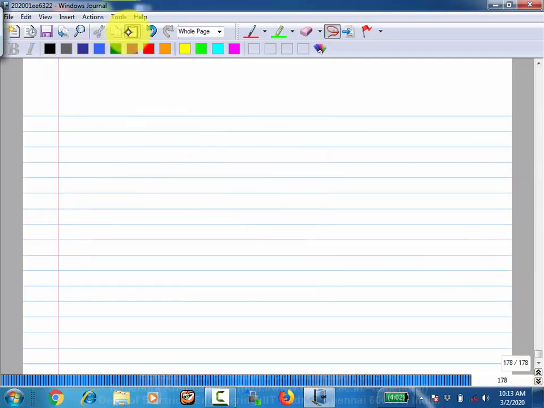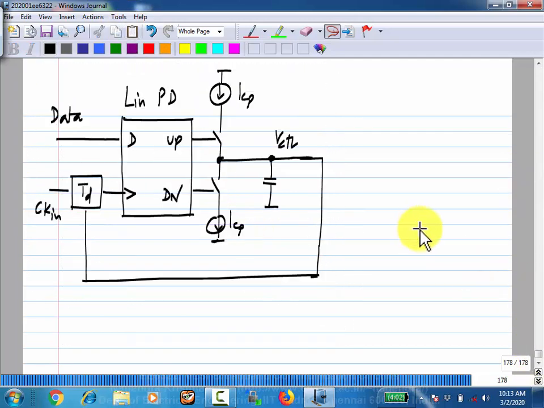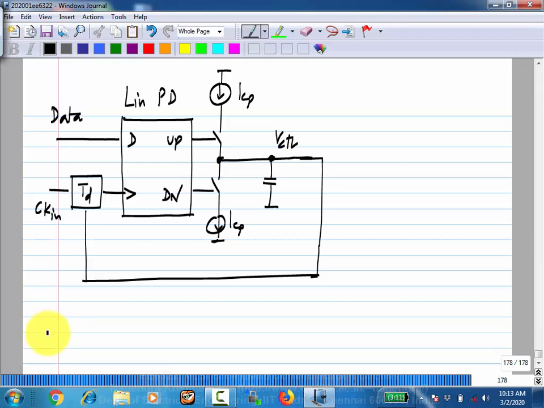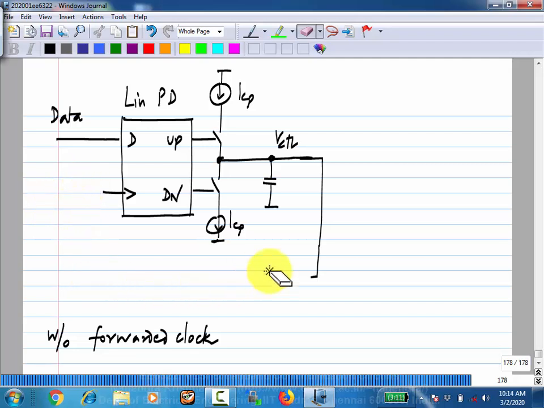So let me make 2 copies of this. Now this is with forwarded clock. Okay, whereas this one, let's say, is without forwarded clock, and obviously I don't have this and I can't use whatever I had earlier because I don't have any clock from the other side.